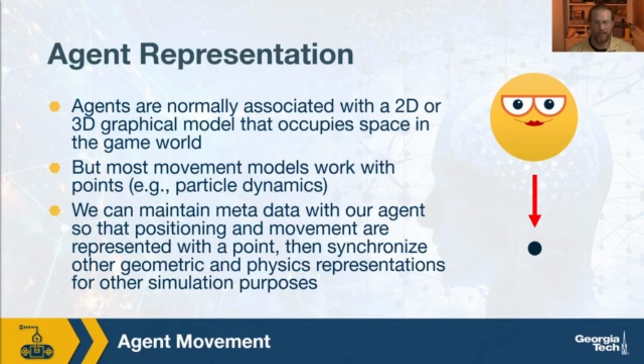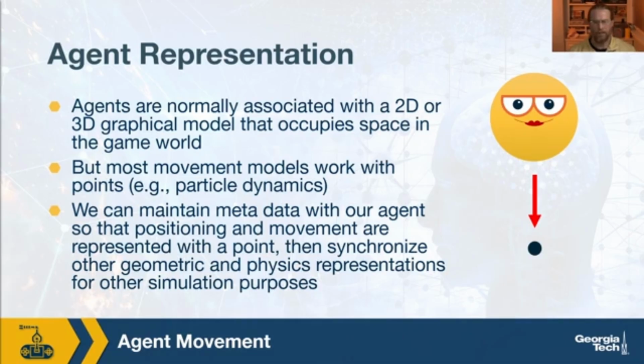So we can actually simplify our agent to be a point, and then anything that's related to the agent's physical representation in the game, we can just synchronize with this point. So as the agent makes decisions to move around the environment, we're just thinking about moving a point around the environment. When it comes time to consider something like what does the agent collide with, then we might consider an object centered on the point.